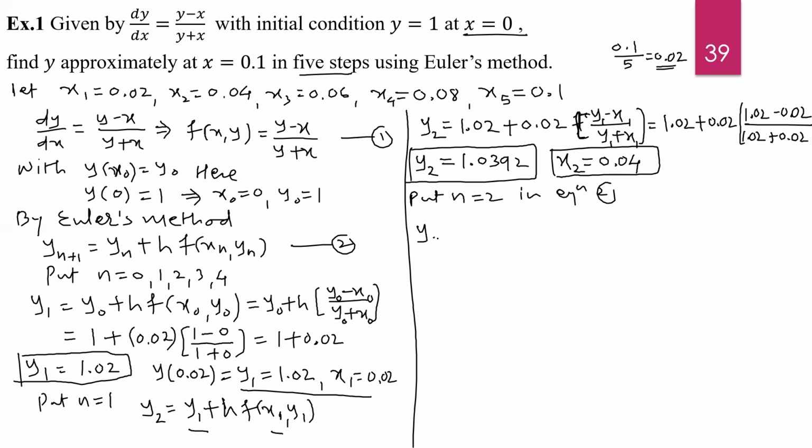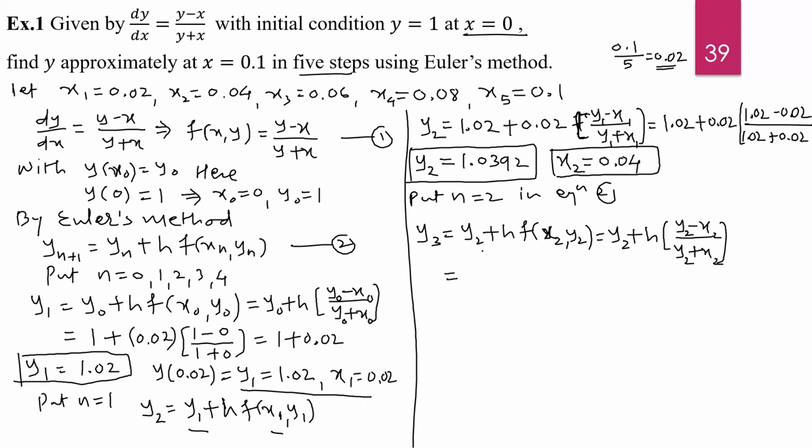Now next iteration, put n is equal to 2 in equation 2. So y3 is equal to y2 plus h times f of x2 comma y2, is equal to y2 plus h times, in bracket, what is the function from before? Y minus x divided by y plus x. But at suffix 2, x at suffix 2 and y at suffix 2, suffix 2 here, 2 here, 2 here.